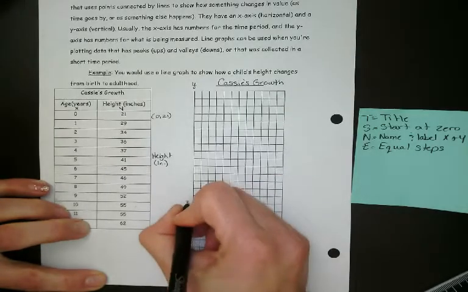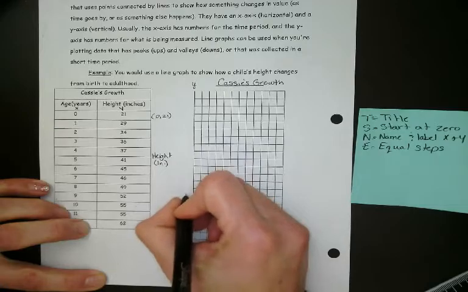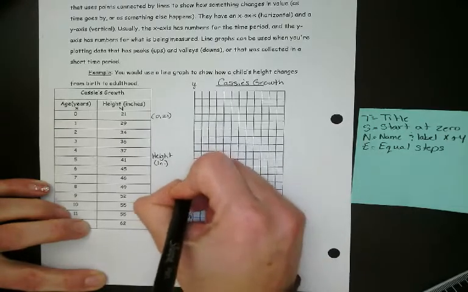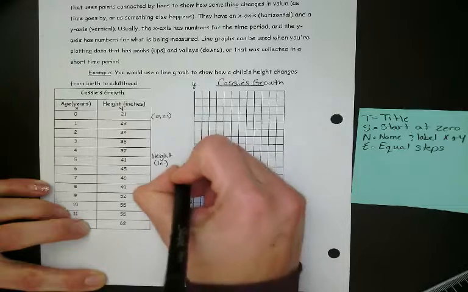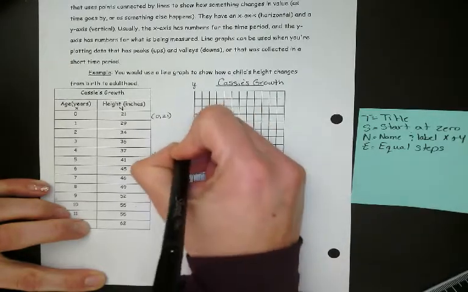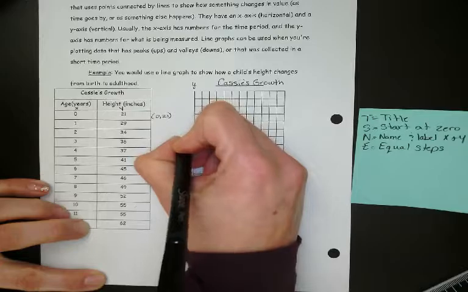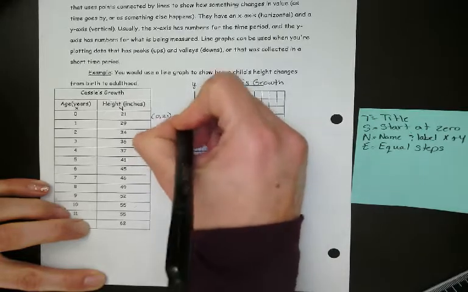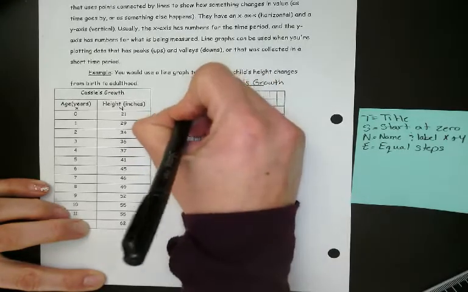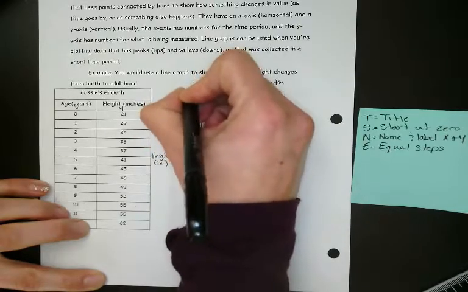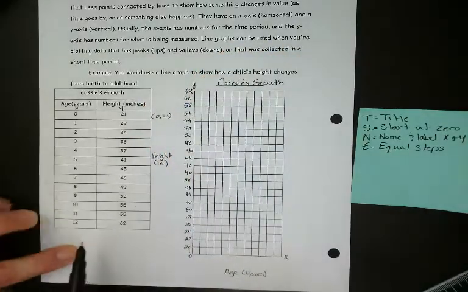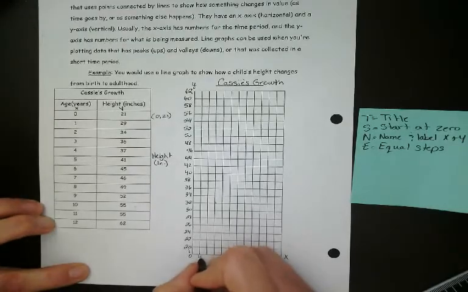Nice and neat. Practice writing small. Perfect. And on the bottom, we have lots of room to get to 12, so we're going to just count by 1s.